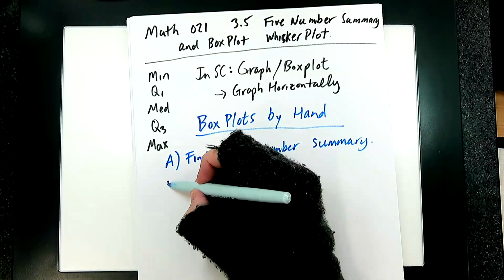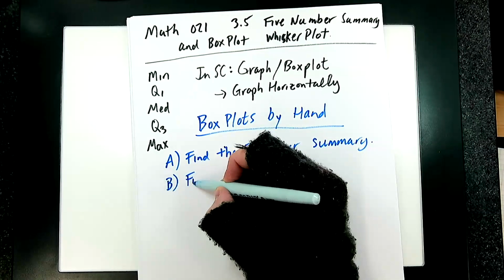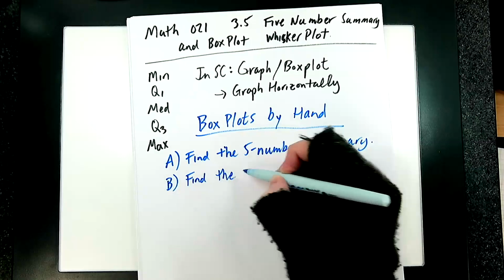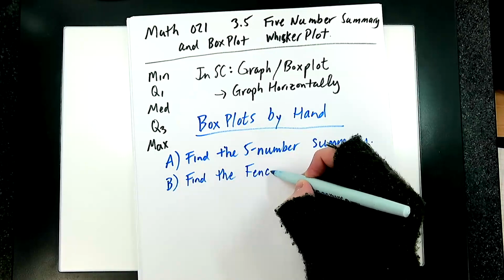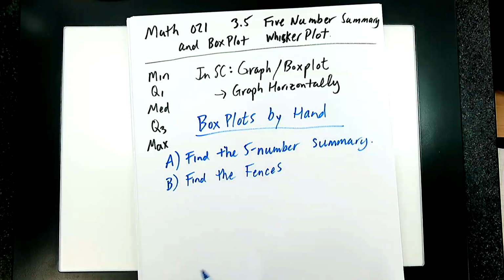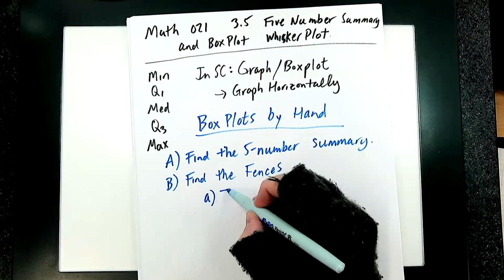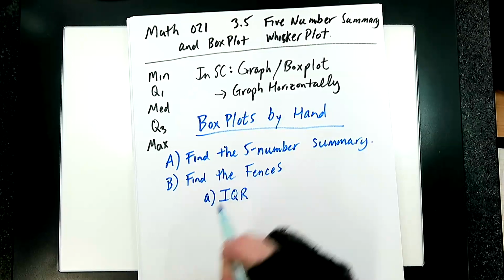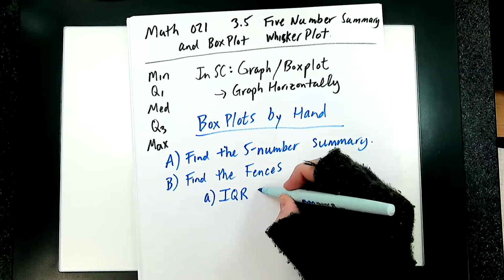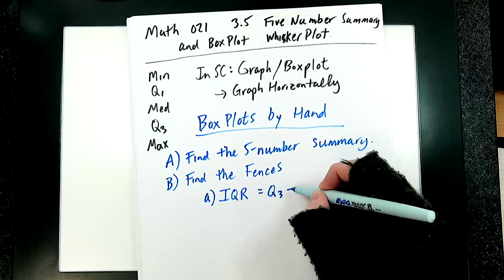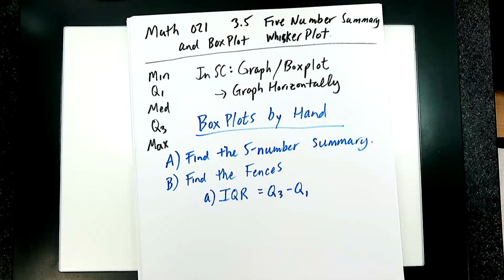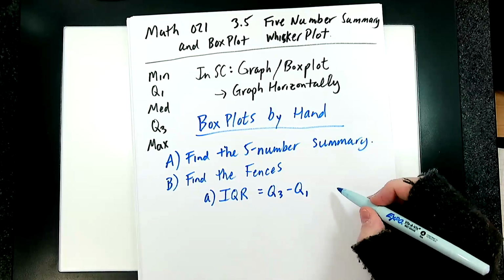Then B, we need to find the fences. And we talked about the fences yesterday. For the fences, first off, we need the IQR, the interquartile range. And remember, that is Q3 minus Q1. So this is just going to be some number.